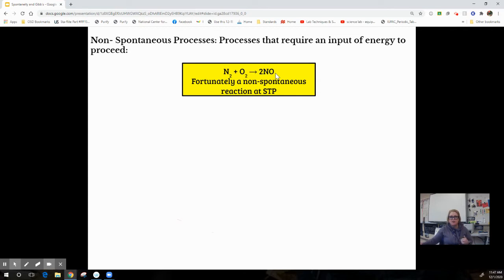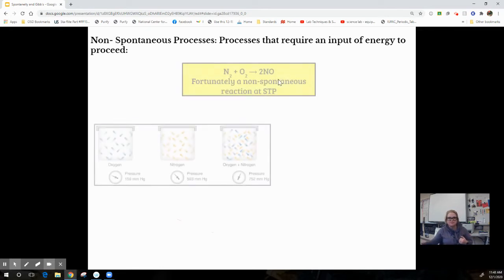I can make this happen if I have a constant input of energy to proceed, if I input a high temperature to the mixture, or if I increase the pressure dramatically. But this is just not going to happen on its own at standard temperature and pressure. Fortunately for us, so we can breathe.